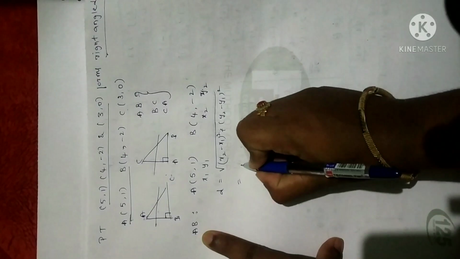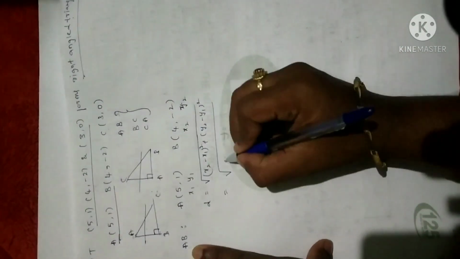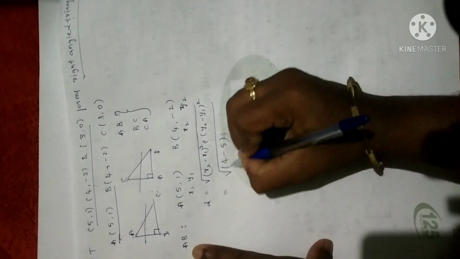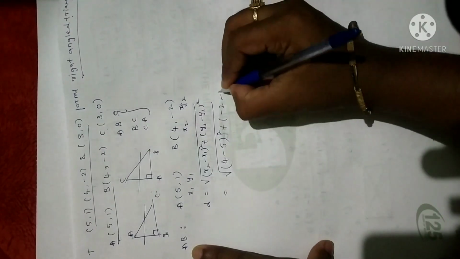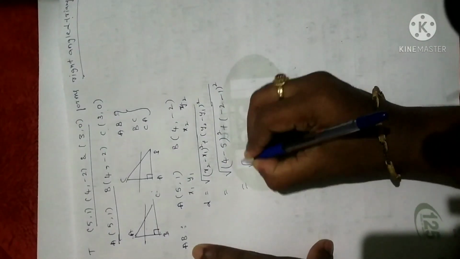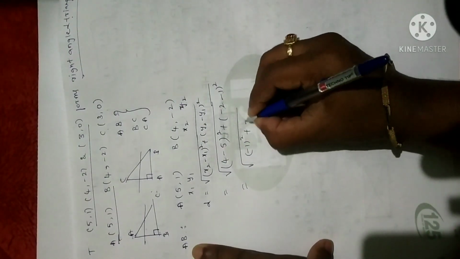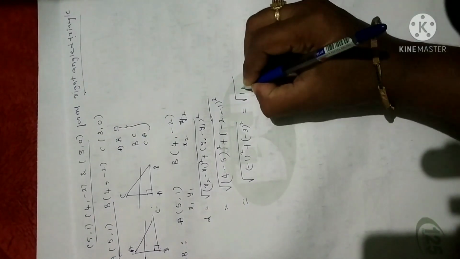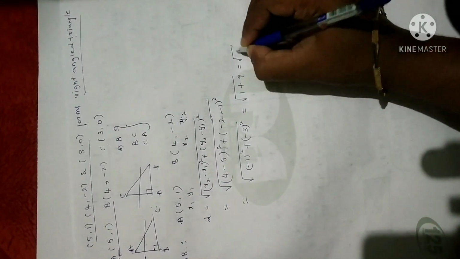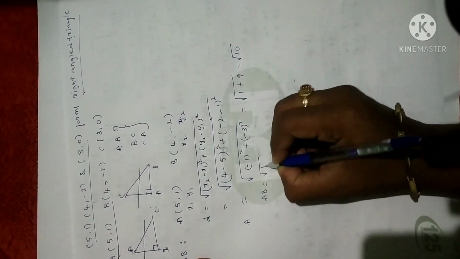Fine. Just the substitution part. x2 is 4 minus x1 is 5 whole square plus y2 is minus 2 minus y1 is 1 whole square. 4 minus 5 is minus 1 whole square plus minus 2 minus 1 is minus 3 whole square. So minus 1 whole square is 1, 3 square is 9. So it is square root of 10. That is, the length of AB is square root of 10.